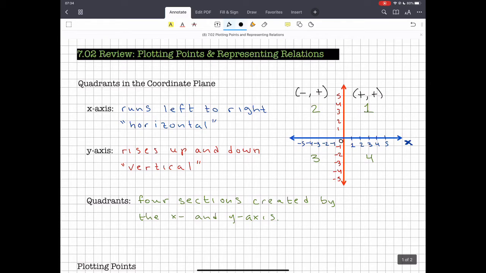In quadrant 3, the x values are negative, and the y values are negative. And in quadrant 4, the x values are positive, and the y values are negative. So that's a little recap of the coordinate plane.